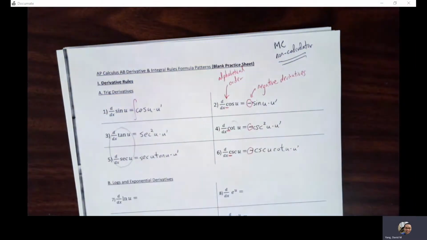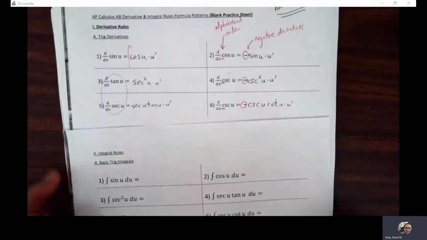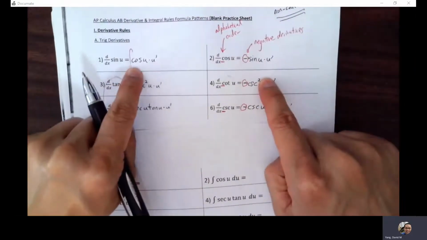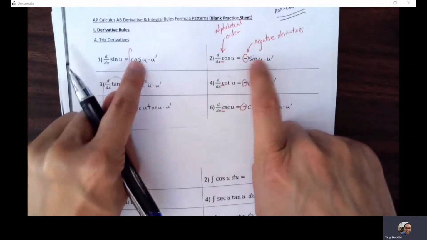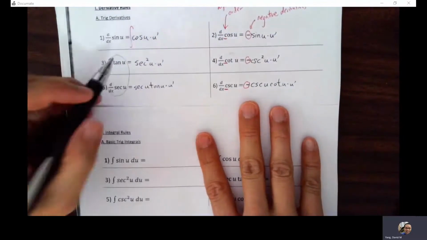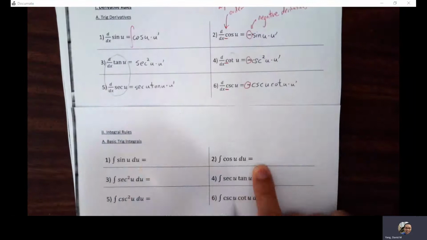I have this on a separate page that I'm going to fill out. But there's no need for us to memorize these integral rules, because if we just write these derivative rules down, we can arrive at them by working backwards from our derivative rules. So the integral of cosine is sine of u plus c, and I'm going to put that here.